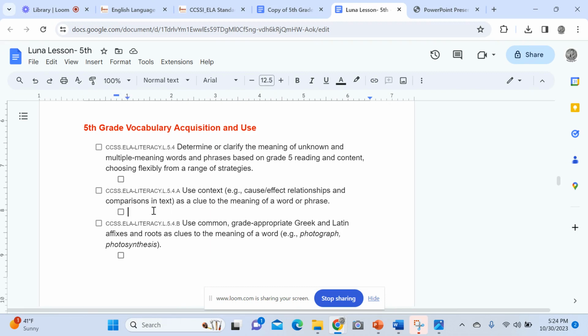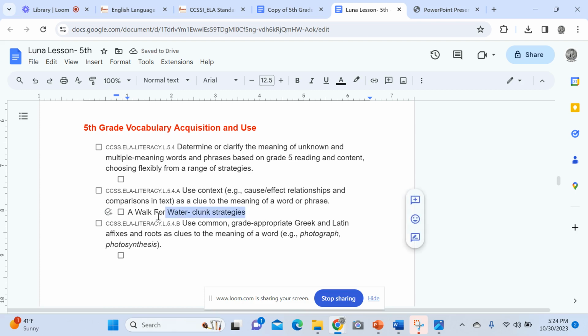Using context is one way that students can figure out the meaning of an unknown word without the use of a teacher or a dictionary. So right here, I'm going to say A Walk for Water, and I'm going to teach this with the clunk strategies. I'll tell you what that is in just a moment.